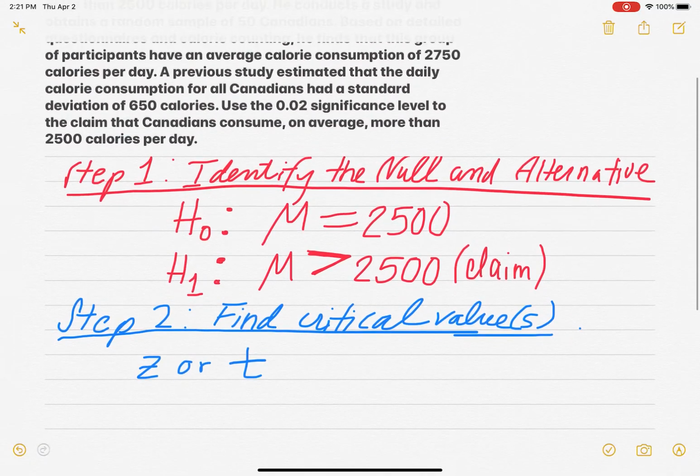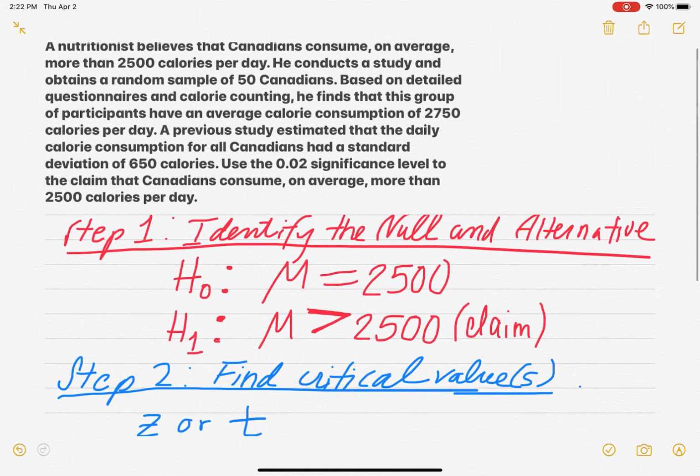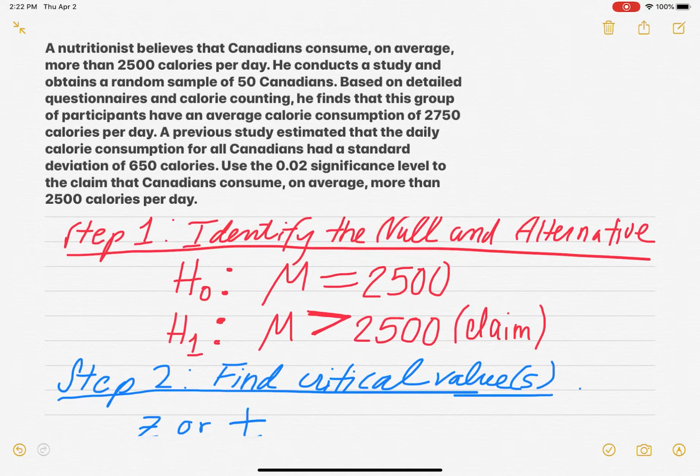Well, if you read carefully, you want to pay attention to the standard deviation. Is the standard deviation of a sample or of a population? It says a previous study estimated that the daily calorie consumption for all Canadians, the entire population of Canadians, had a standard deviation of 650 calories.